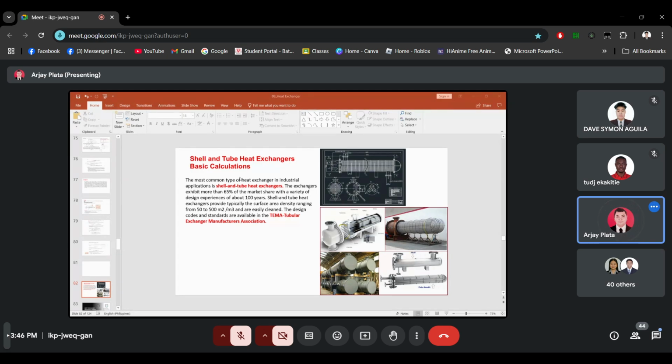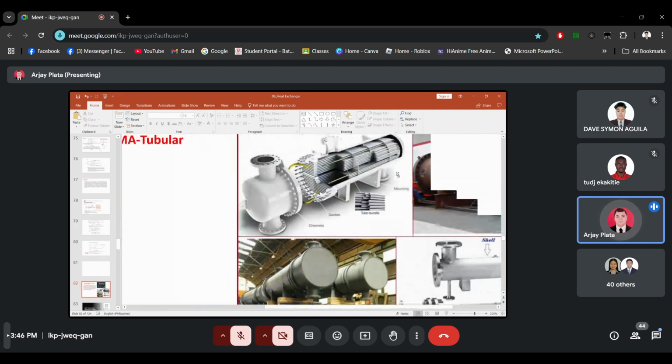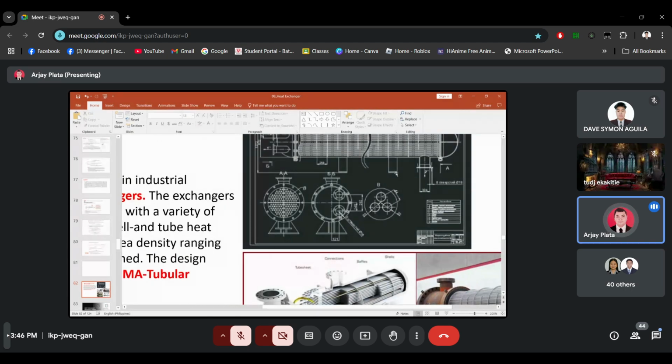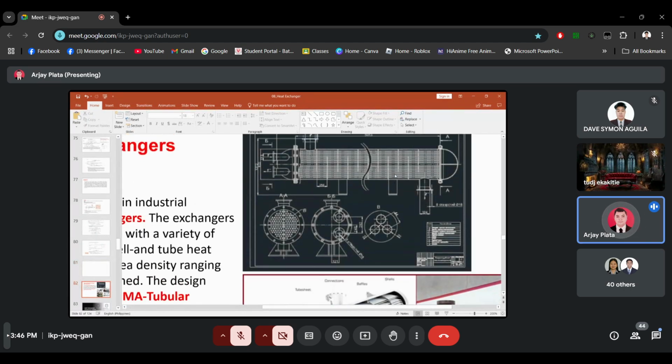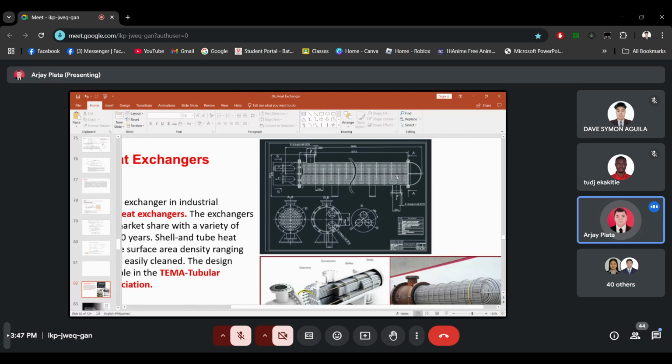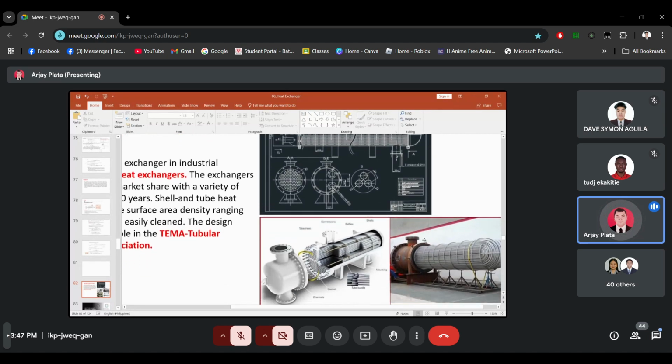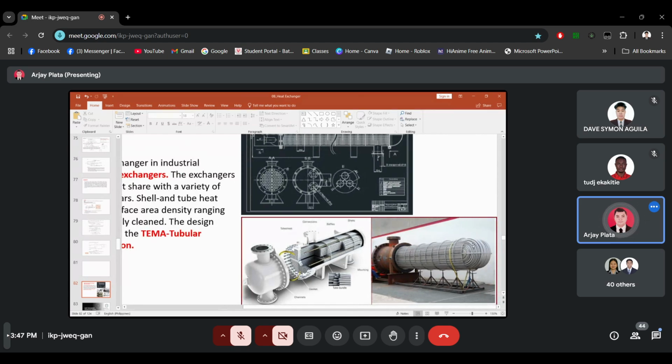As you can see on our screen, this is the shell and tube heat exchanger. That's the most common type of heat exchanger. We have here a U-bend or U-tube.